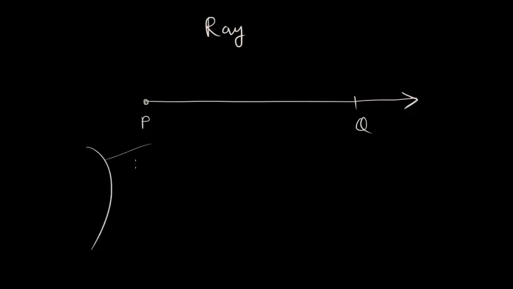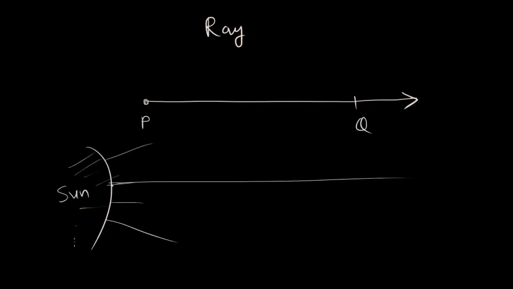A simple example that I can think of is a ray of light that originates from the sun. Well, I think I should have drawn it a yellow ray, but anyway, this is the sun, and this is how I could say this is a ray because it has some source, say point P, and then it keeps on extending in one direction.